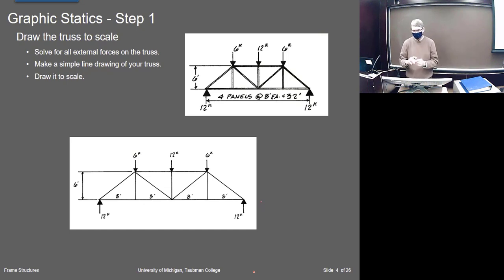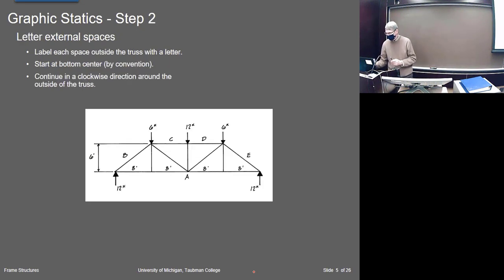like on graph paper or something. And then you take that and number it. First you letter the exterior panels. So what you're lettering are the spaces outside the truss and the spaces between the external loads. So I've got a load there and a load there.